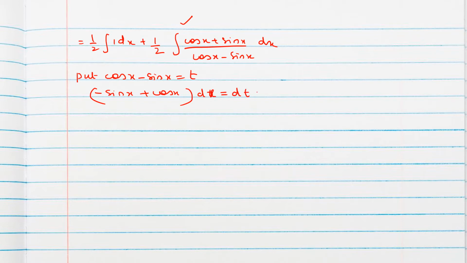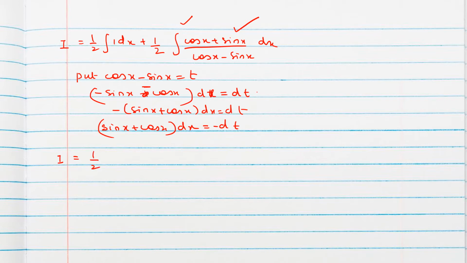See, this derivative sign is minus only. So minus we can take common, sin x plus cos x dx is equal to minus dt. Since it is there in numerator, we can shift this minus as minus dt. Okay, so our integral will become now, for integral 1 dx we can write x, plus half.